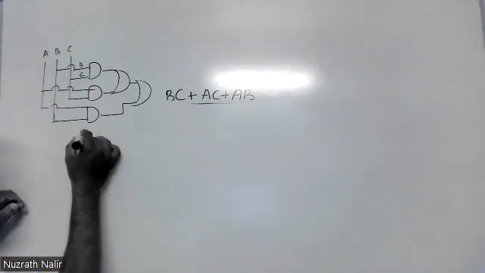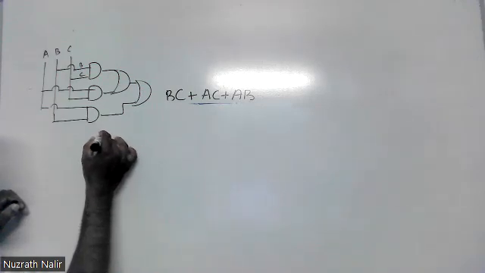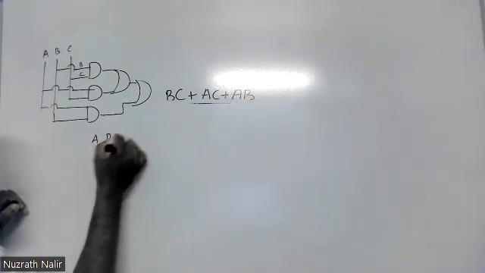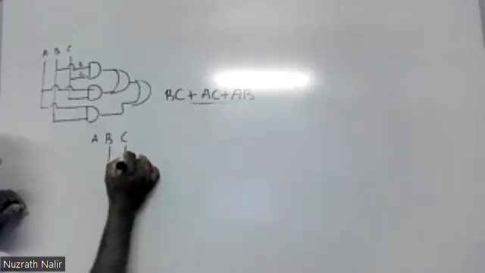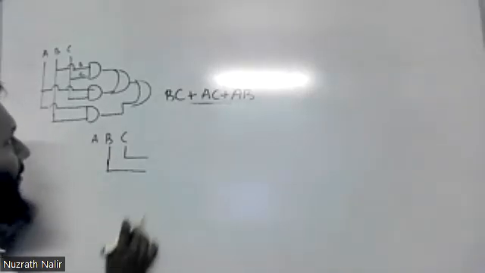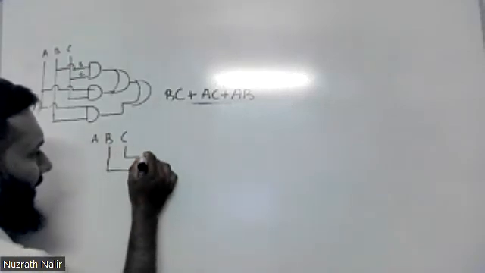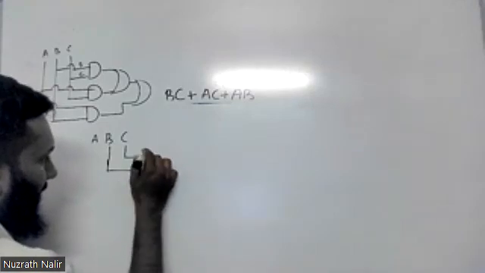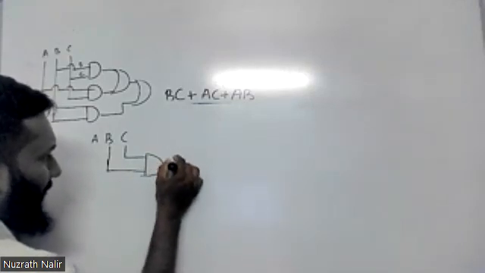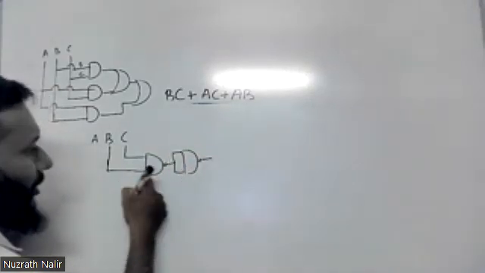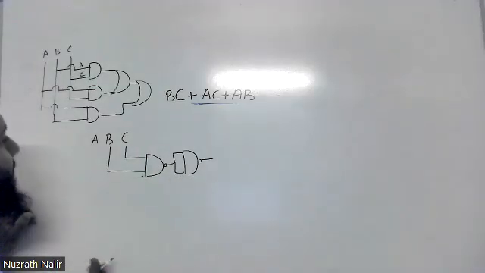So let's see for this, A, B, C. You know NAND gates are in the same family. So this is equal to number one.